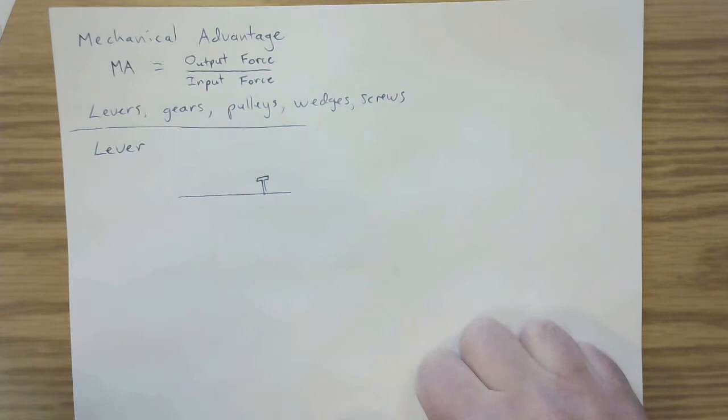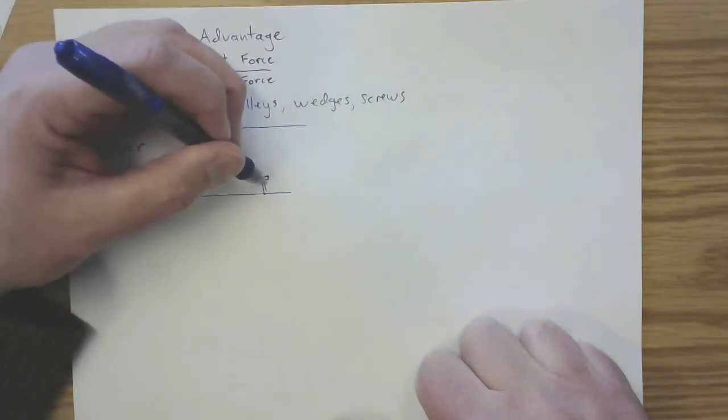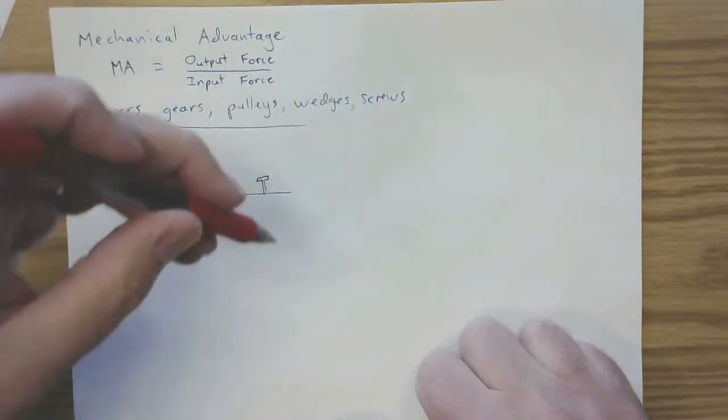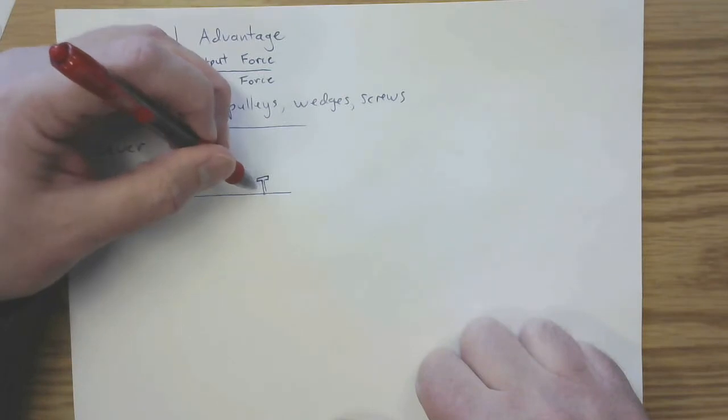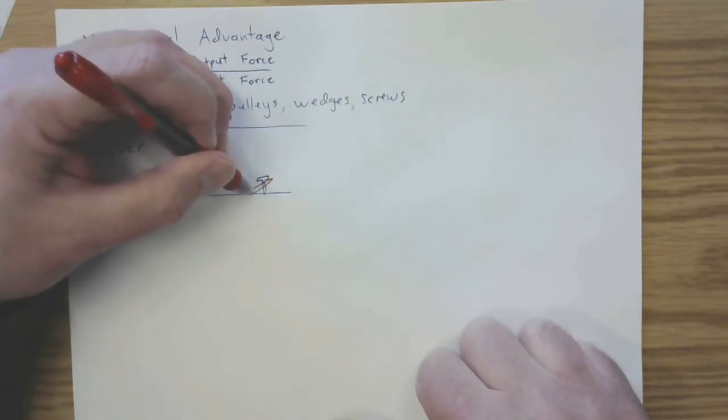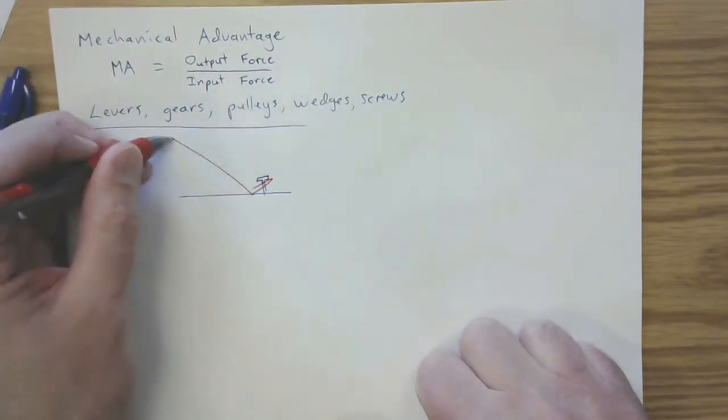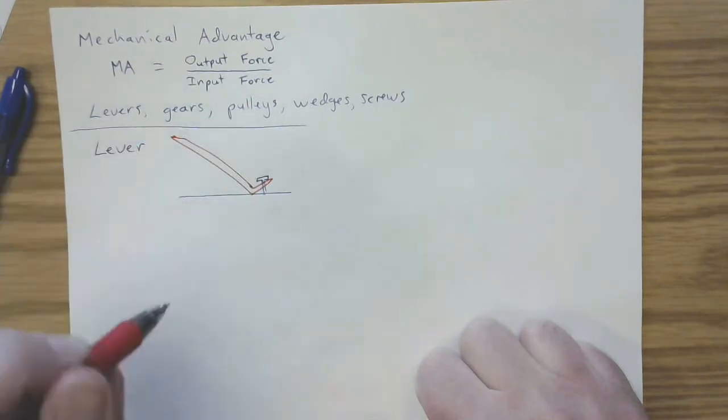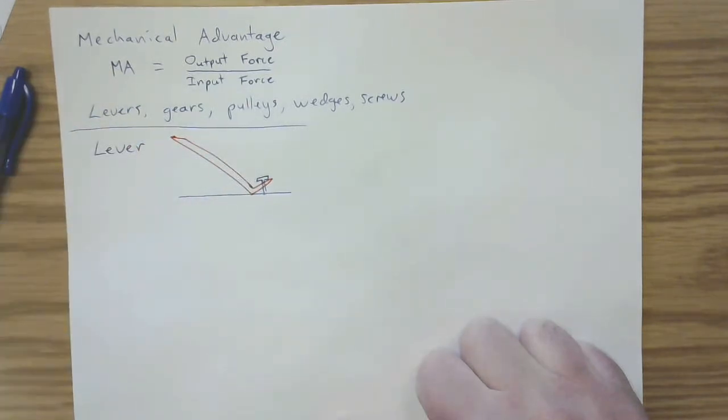You go to the garage, you pull out your crowbar, and those crowbars are built with a little end that's got a prong on it, and then a long end that you can push down on.